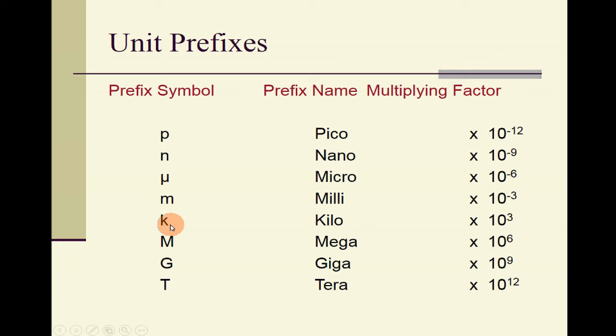Kilo, very famous, is represented by the letter K, and its multiplying factor is 10 to the power 3. Mega, 10 to the power 6 is the multiplying factor. Giga is the bigger unit, and its multiplying factor is 10 to the power 9. Tera is represented by the letter T, and its multiplying factor is 10 to the power 12.